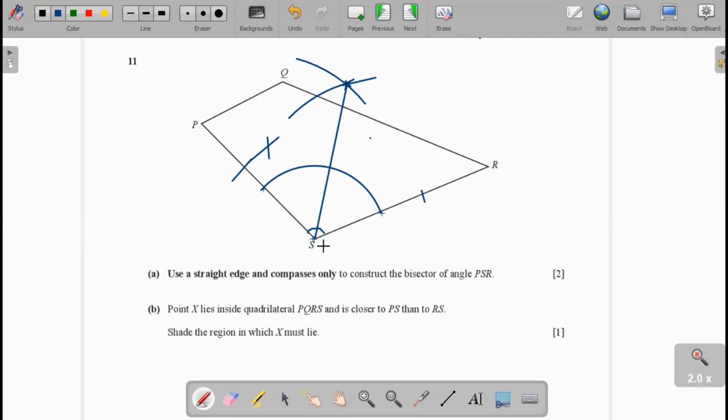This line is the angle bisector. Therefore, that region will be the region there. This is the shaded region in the quadrilateral where the point X will be lying.